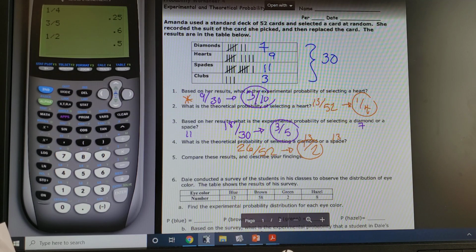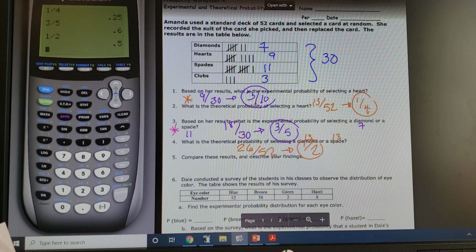So which one is greater, 3/5 or 1/2? 3/5. Again, the experimental probability won. So which had a better opportunity of happening, the experimental situations or the theoretical situations? Experimental, yeah, okay, so that's how we can describe our findings.